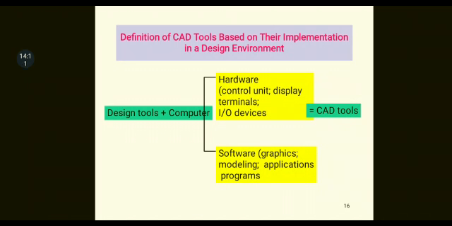It contains hardware. The hardware comprises a control unit, display terminals, input output devices, etc. Even a logical unit, or machine control unit you can say. Okay, or arithmetic logic units. Everything should be there in the hardware.